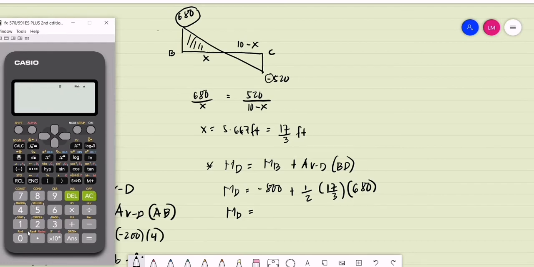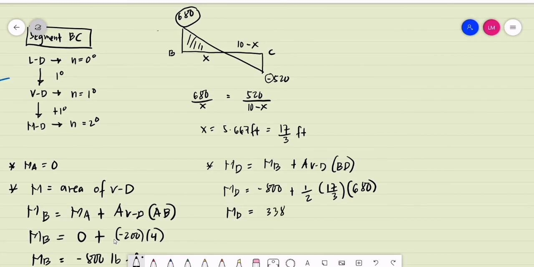So we have negative 800 plus 0.5 of 5.6667 multiplied by its height, 680. That is equal to 3,380 over 3 pounds-foot. So this is a positive moment.